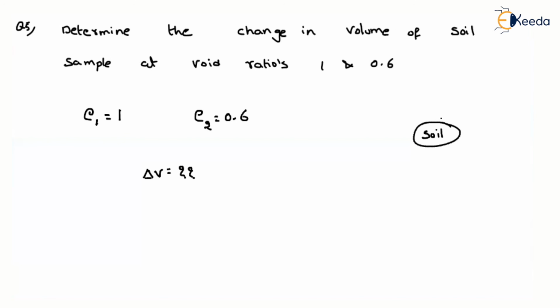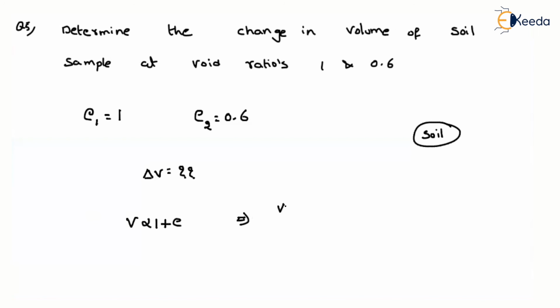Right? Now, how can we obtain it? From the previous case, we know that volume is directly proportional to the void ratio. So how can I express it? I can say volume is directly proportional to 1 plus e.